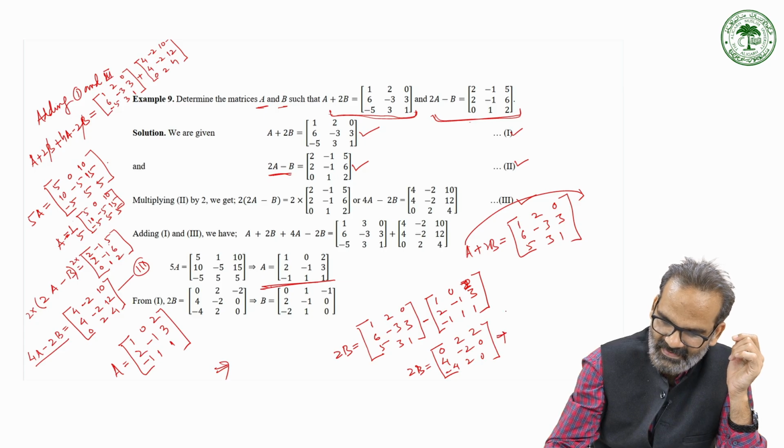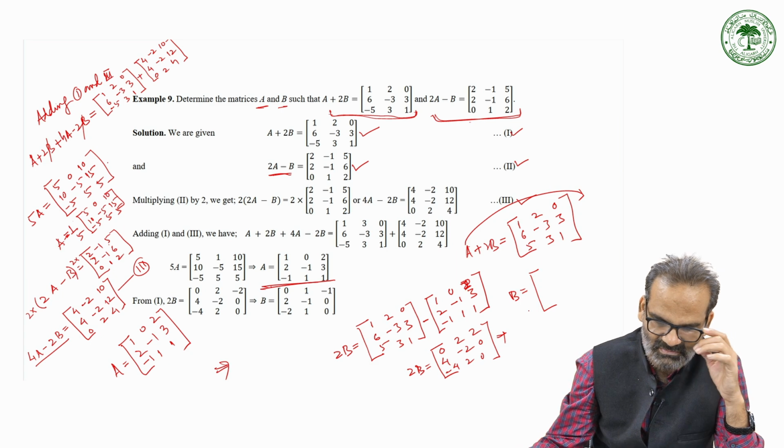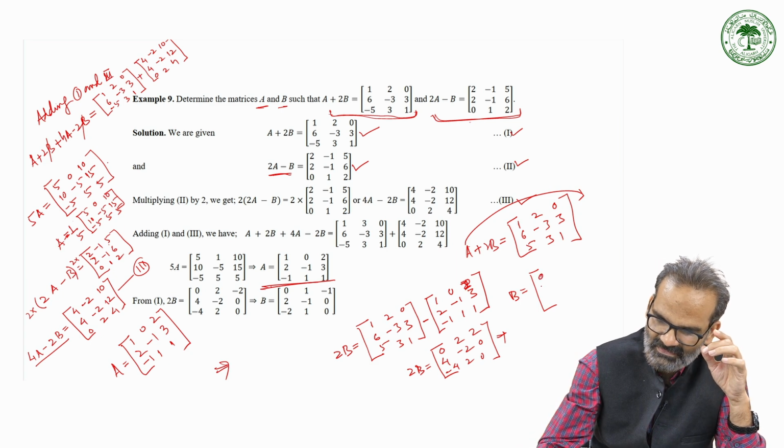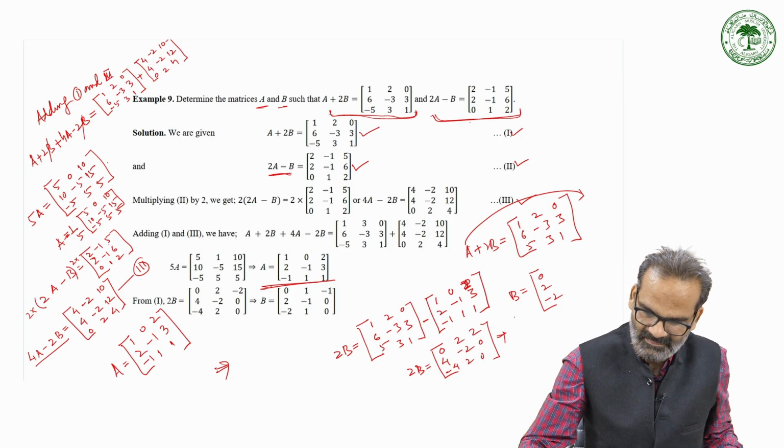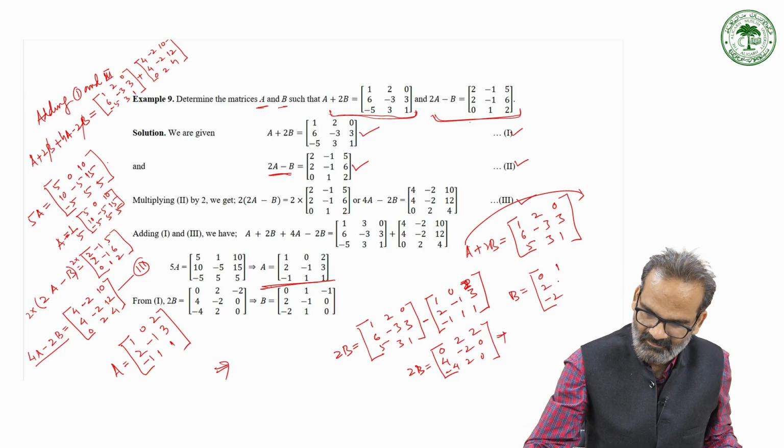So what is B? B will be equal to this divided by 2: 0, 2, minus 2, 0, 2, minus 2, and then 1 minus 1, 1, 1, 0, 0, right?